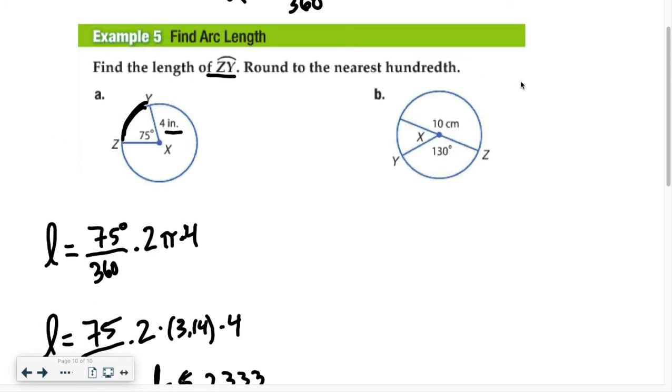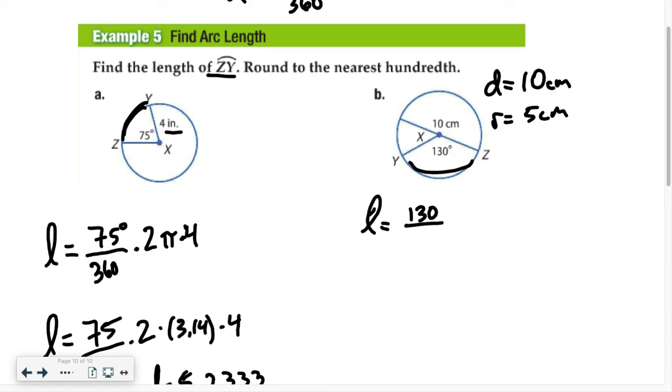Okay, so here we're trying to find ZY. Again, guys, we're given that the diameter is 10 centimeters. In 10.1, we know the radius is half of that, so 5 centimeters. That's just because our formula has r in it. All right, so the arc length here is x, the measure of the arc, 130 degrees, over 360 times 2 times 3.14 times r, 5.